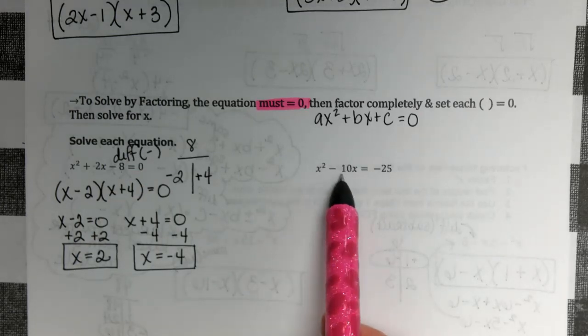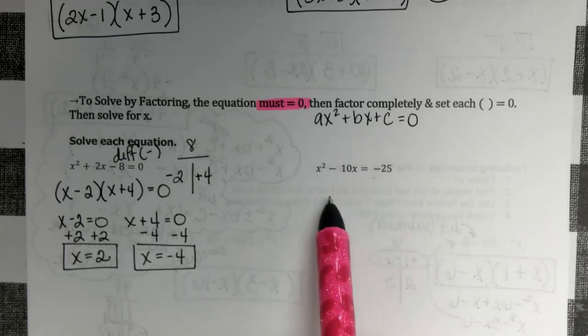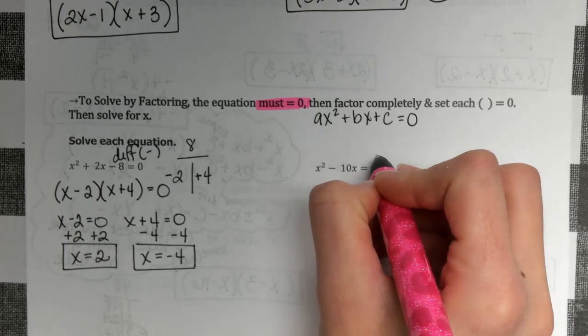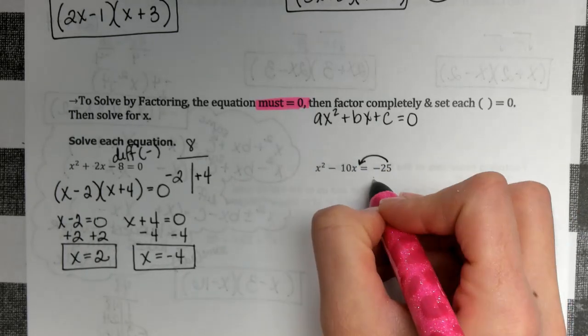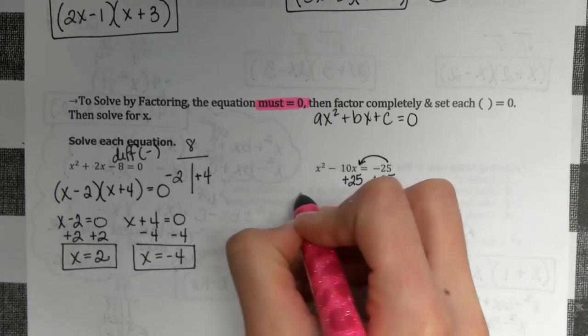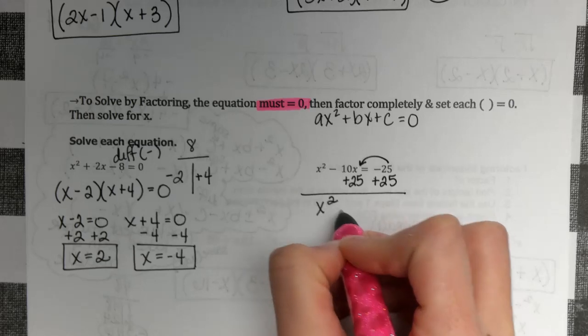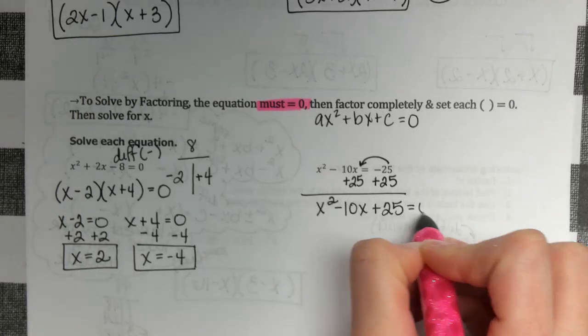So this next one, x squared minus 10x equals negative 25, it's not equal to 0. I need to get it equal to 0, so I need to take this negative 25 and move it to the other side to complete my trinomial. So I'm going to add 25. So x squared minus 10x plus 25 equals 0.